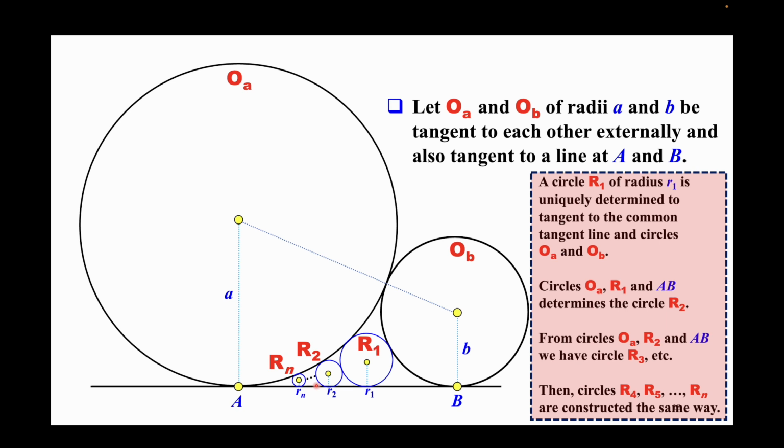This process can continue indefinitely. Somehow, we reached Rn, the circle of radius Rn. So what we need to know is, what is the radius of the nth circle in this sequence?